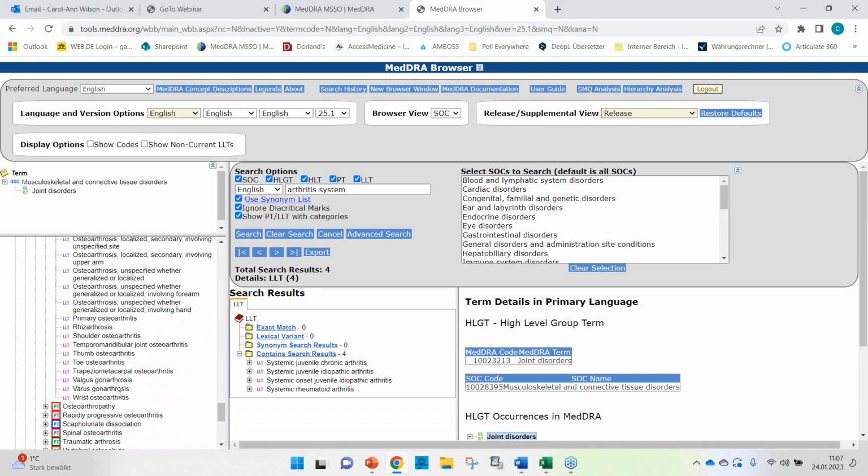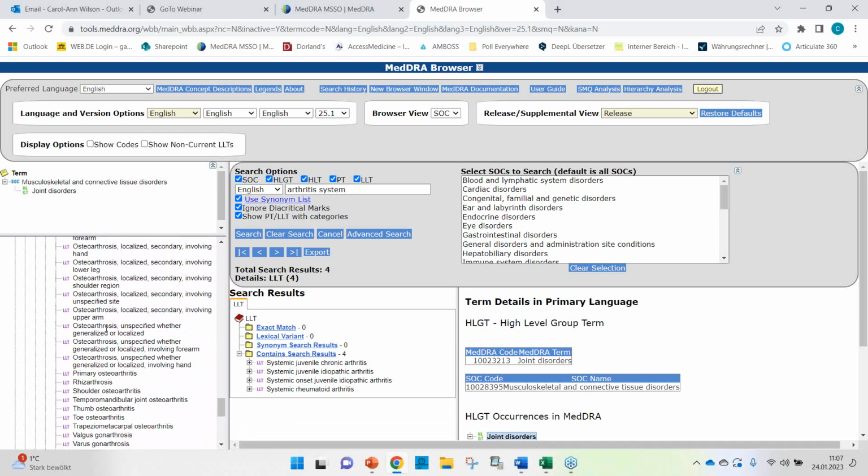You see a lot of terms are available, but nothing that would relate to left or right. Such a term would not be added to MedDRA, because from a medical perspective it doesn't make any difference. It's an osteoarthritis, and there's no difference in the medical concept whether this is affecting a left or right knee or hand joint.